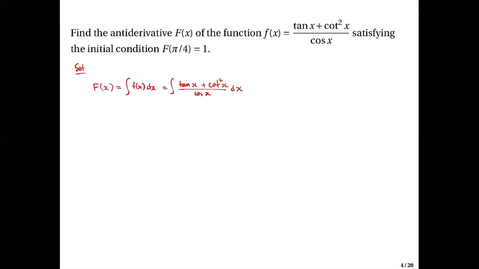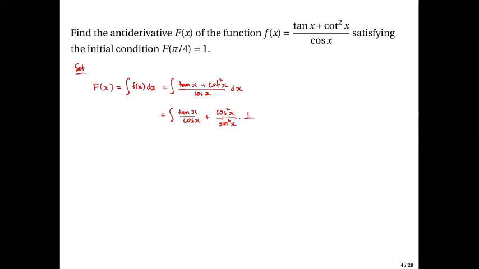Then we'll just simplify this tangent x plus cotangent squared x over cosine x. We'll just have tangent x over cosine x plus, for the cotangent squared x, let's write it as cosine squared x over sine squared x.